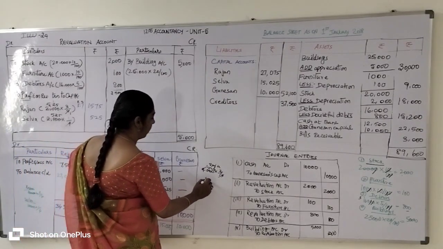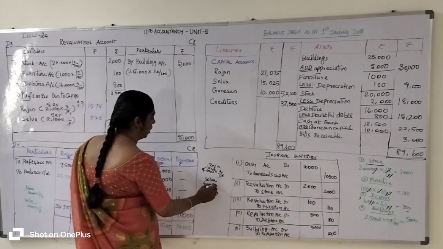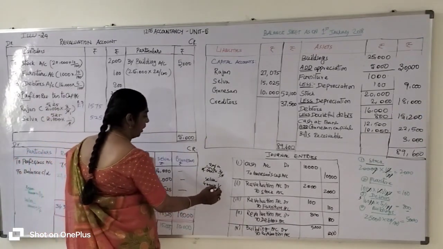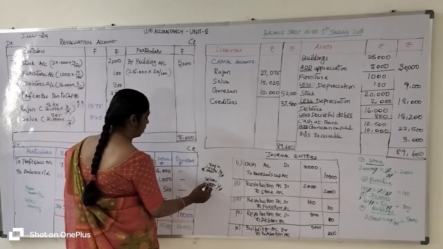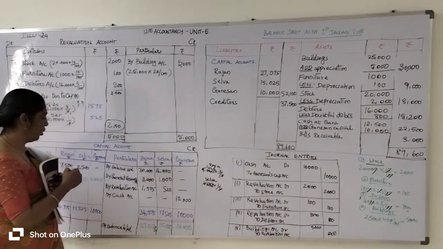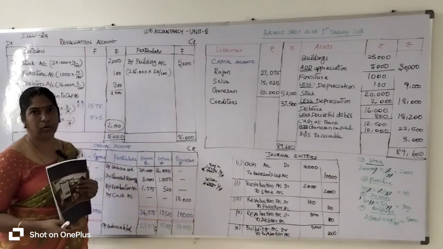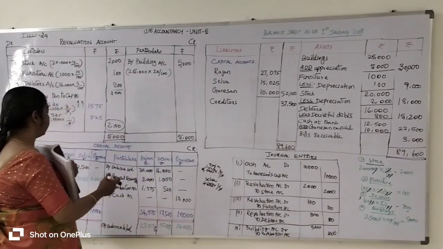For Selva, the old profit sharing ratio is 1 by 4, so 4,000 into 1 by 4 is 1,000 rupees. So we distributed the general reserve to the old partners' capital accounts in their old profit sharing ratio.